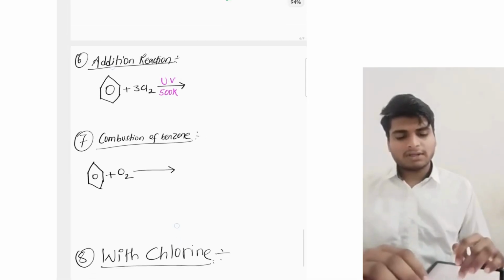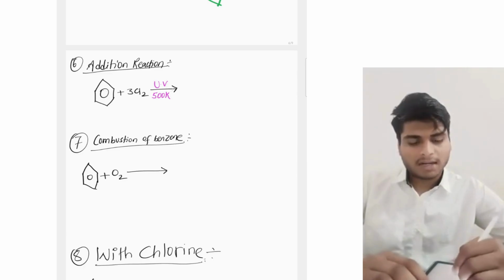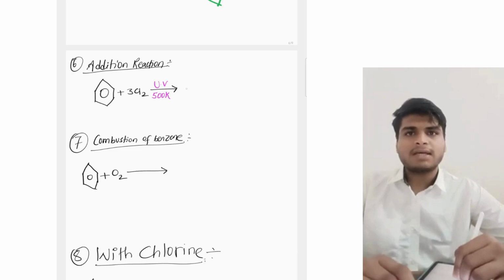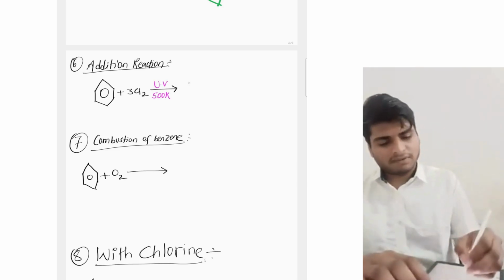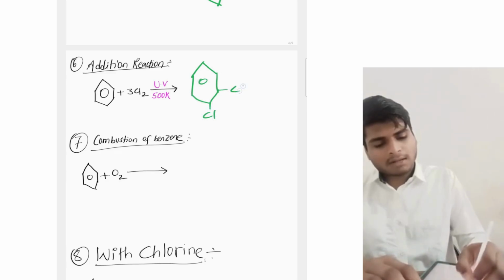Addition of chlorine in the presence of ultraviolet light produces benzene hexachloride, better known as gammexane. In that, hexachloride will be formed, all carbon with Cl.